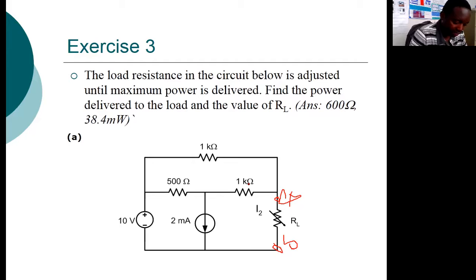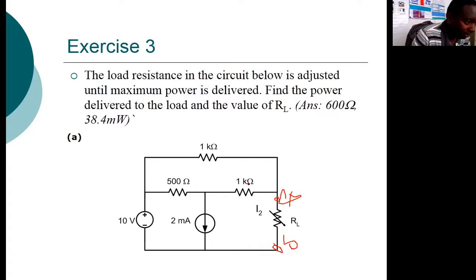Since we have removed that, what we measure is the source. So for the voltage source, it's equal to 10 straight away, because there's no current flowing in the circuit, so there's no voltage drop across any of the resistors.